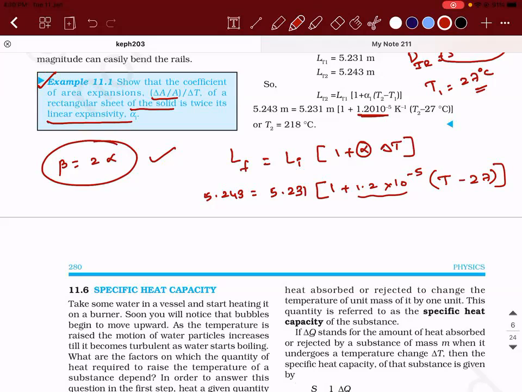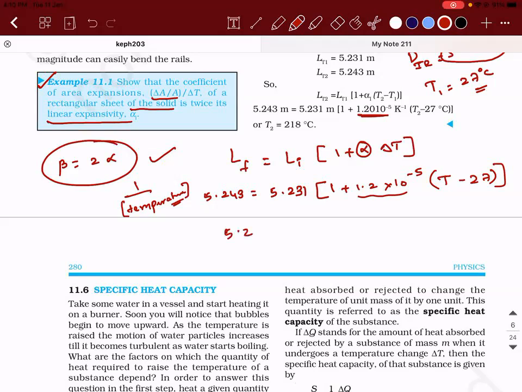So remember, 1.2 into 10 power minus 5 Kelvin inverse is the same as degree Celsius inverse also. Because dimensionally, what are you going to get? The dimensional formula of 1 divided by temperature. So 5.243 is equal to 5.231 into 1 plus... okay.